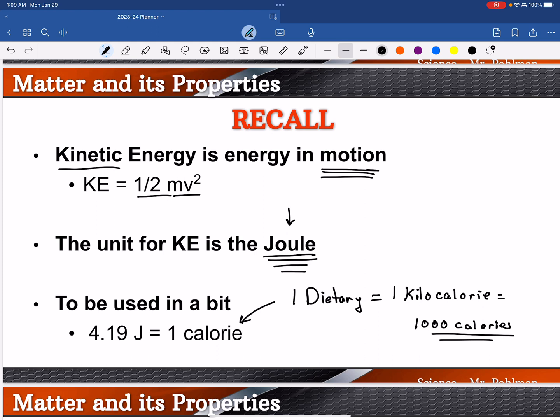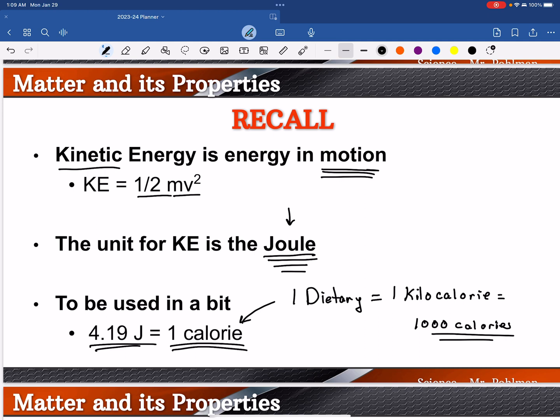But the conversion to go from what we were talking about in the first half of the year to this second half of the year is simply that 1 calorie, the energy needed to raise 1 gram of water 1 Celsius degree, is 4.19 joules worth of energy.